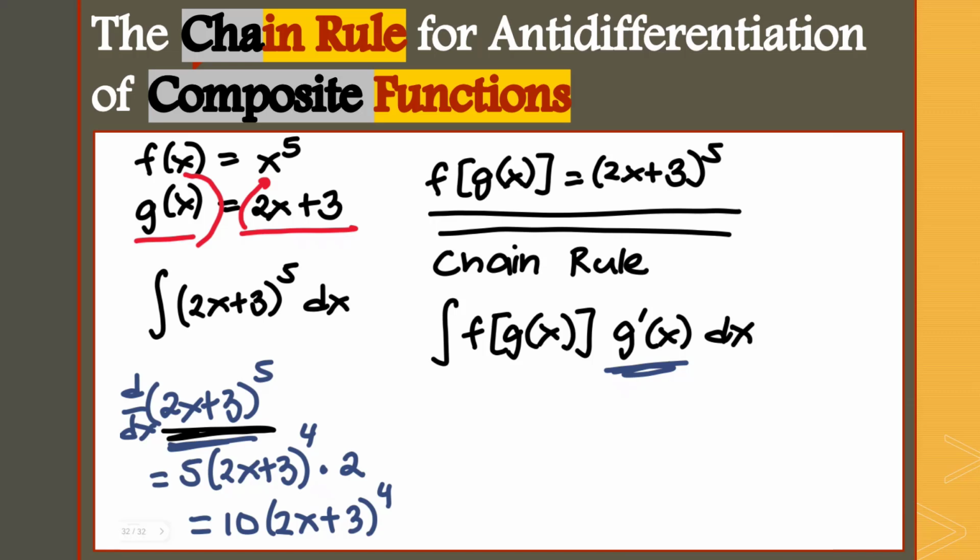Now this would mean the result for that is 10 times the fourth power of the binomial expression 2x plus 3. That's for differentiation. Now, take note that antidifferentiation is its reverse operation. Therefore, if you are going to talk about the antiderivative of this function, we are to integrate here the g prime of x, which is similar to this 2 here, because this 2 is the derivative of your innermost function. Before we can give its actual value or the result of the antiderivative, this needs to be added.